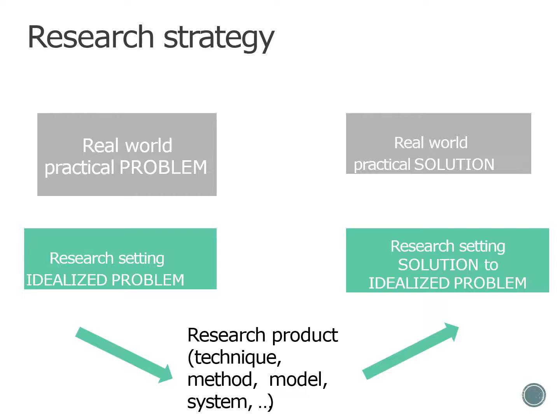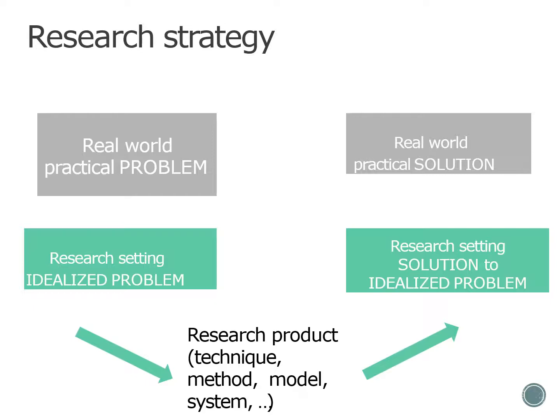But anyway, considering that we have a real-world practical problem and we need a real-world practical solution, it's rarely easy to jump right in. We start our research by making an idealized problem, meaning something a bit more simplified. The idea is that then we can approach it with a research technique, some method, or by developing a model, system, or proof of concept, and that solution solves the idealized problem.